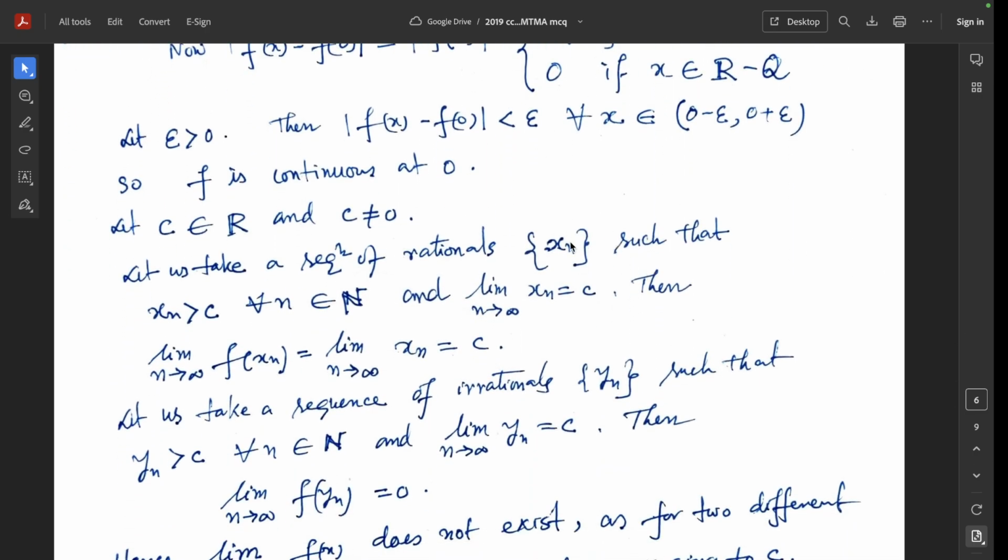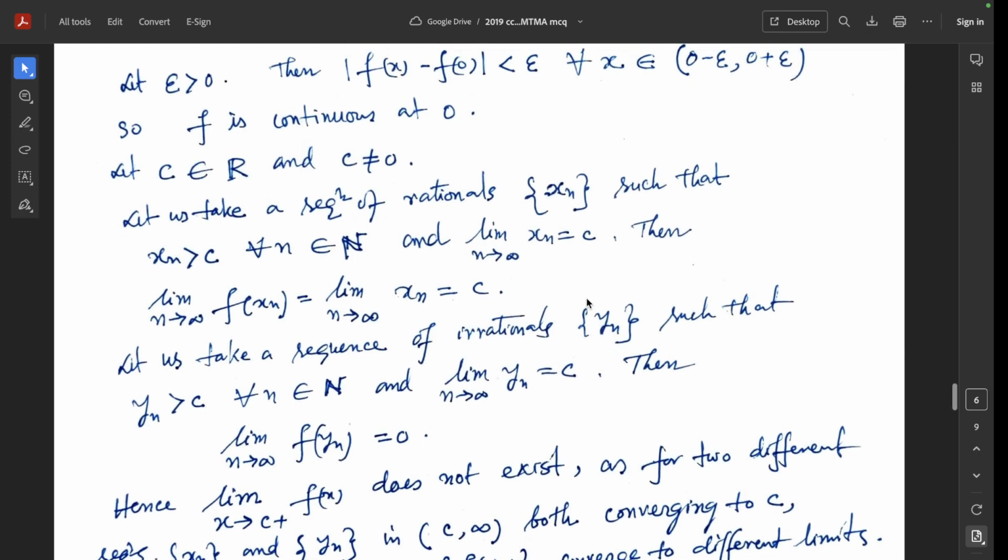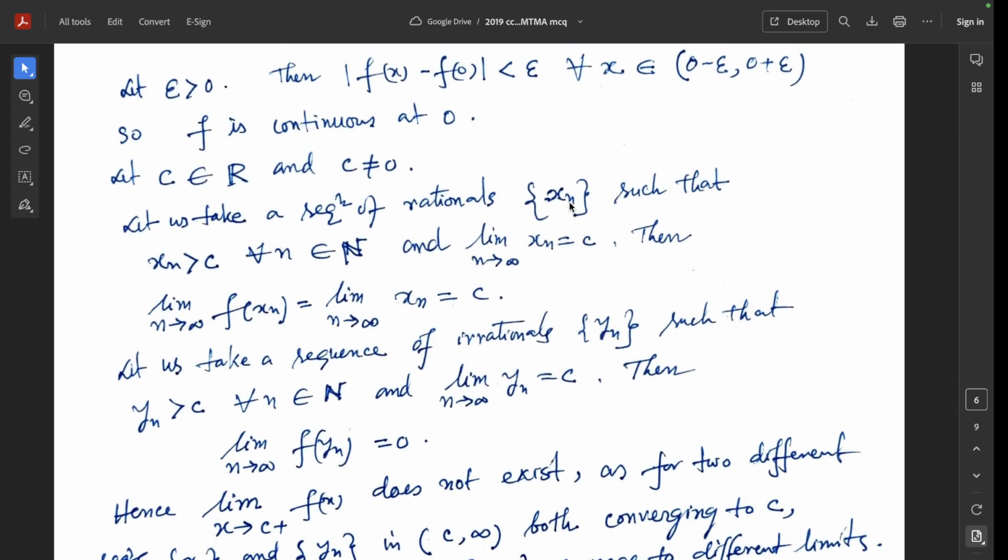So the limit of f(x_n) equals the limit of x_n, which is c.